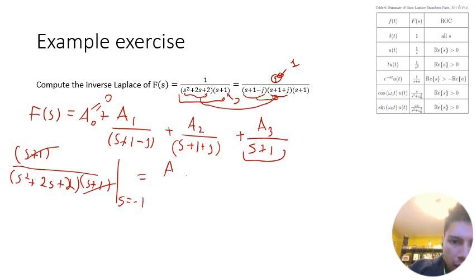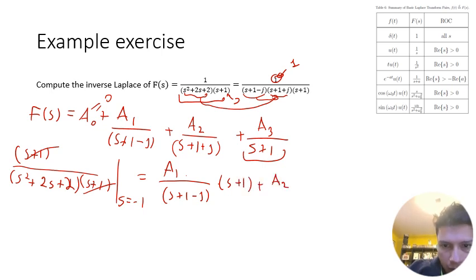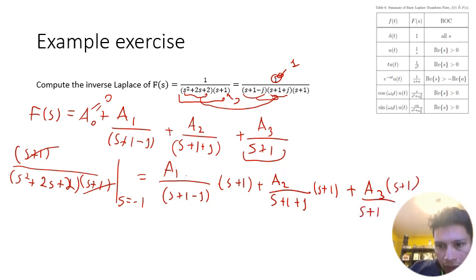That should be equal to a1 times (s plus 1) over (s plus 1 minus j), plus a2 times (s plus 1) over (s plus 1 plus j), plus a3, and the s plus 1 cancels. This also has to be evaluated at s equals negative 1. When we plug in negative 1 here, we get 0. Same thing here, we get 0.